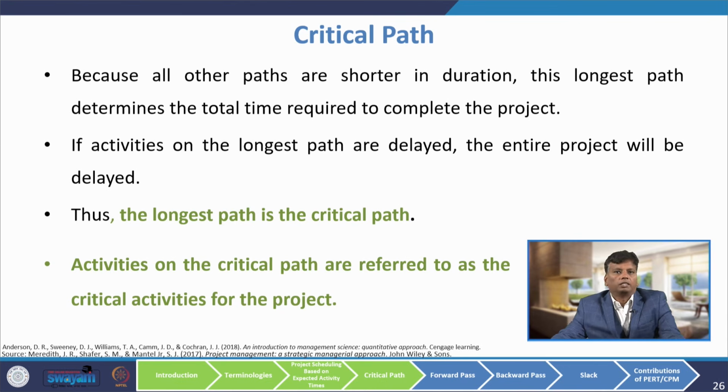Because all the other paths are shorter in duration, the longest path determines the total time required to complete the project. If activities on the longest path are delayed, the entire project will be delayed. Thus, the longest path is called the critical path. Activities on the critical path are referred to as the critical activities of the project.